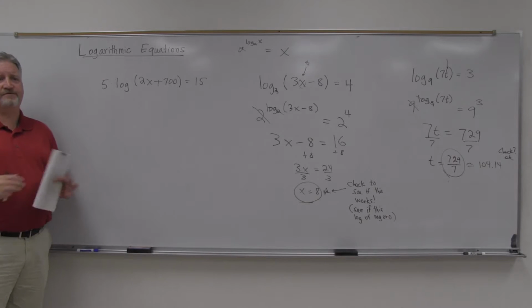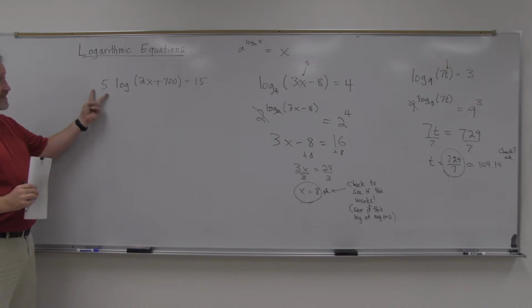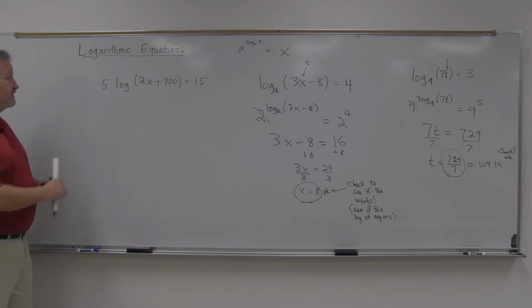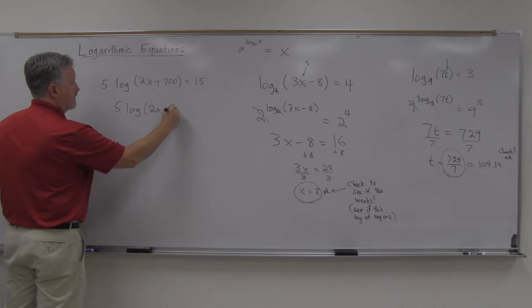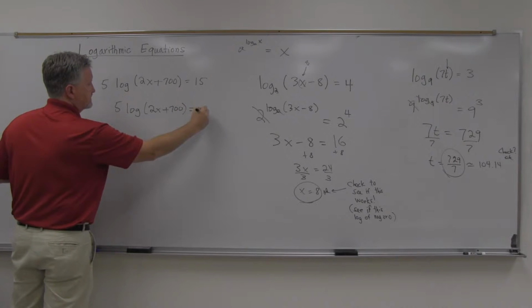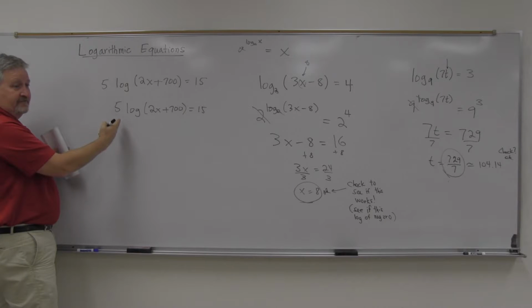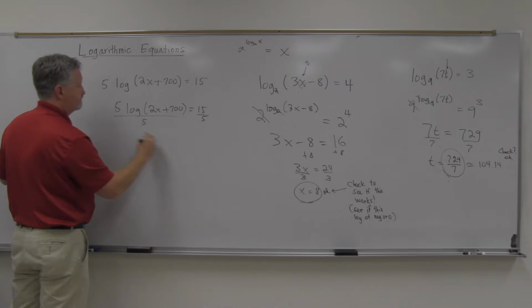There are a couple of ways we could go with this, but the easiest thing is that I need that 5 to go away. So what am I going to do? Divide off that 5 first, because this technique, exponentiate, only works if the number in front is 1.